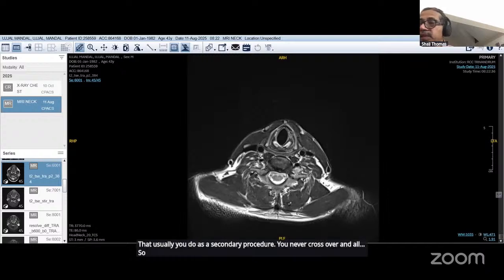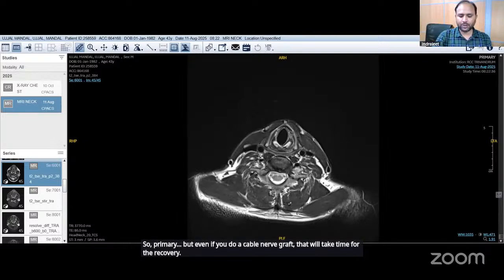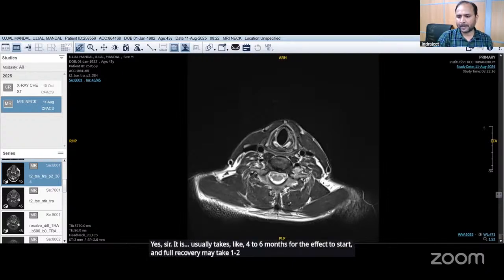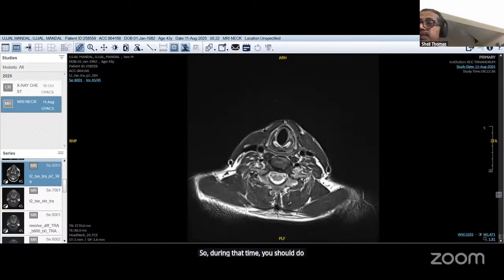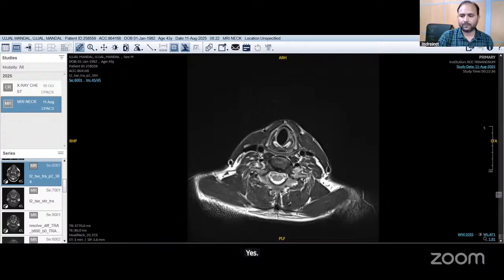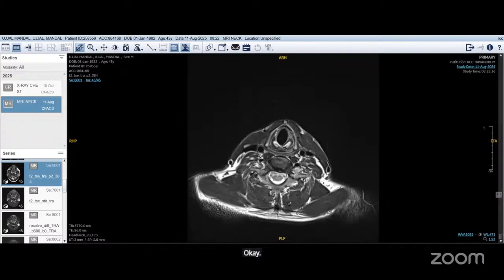Sir, even if you do a cable nerve graft, that will take time for the recovery. Yes, sir. It usually takes 4 to 6 months for the effect to start, and full recovery may take 1 to 2 years, sir. So during that time, you should do active physiotherapy so that the facial muscles will not get atrophied. For facial nerve reconstruction, it is a big theory question you can get.